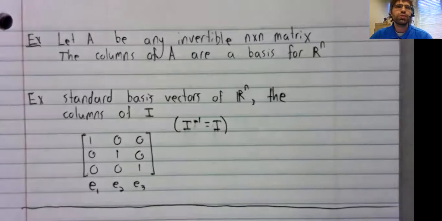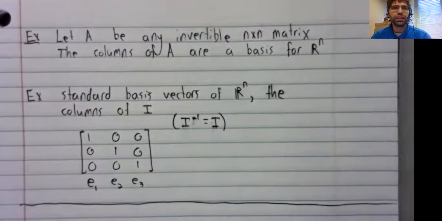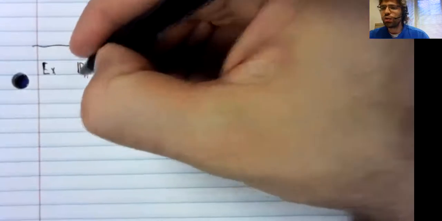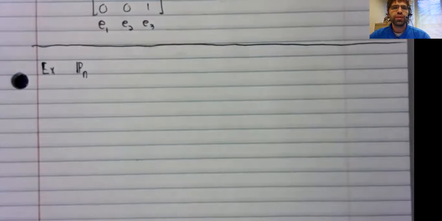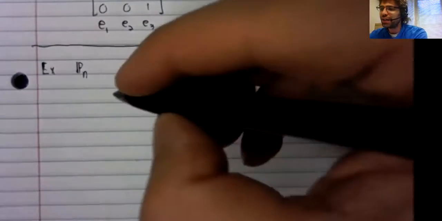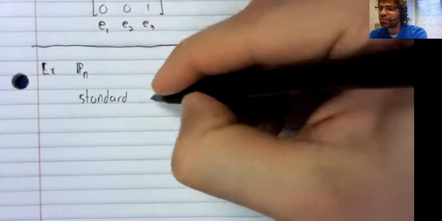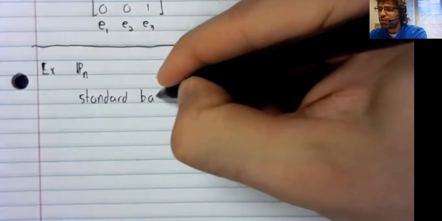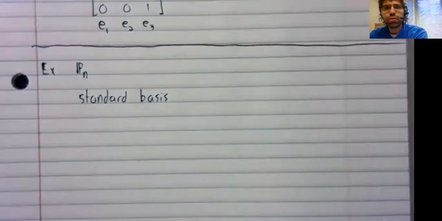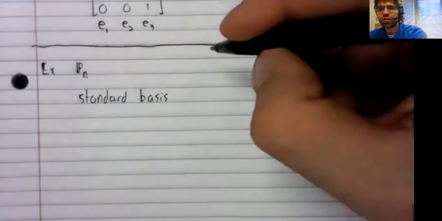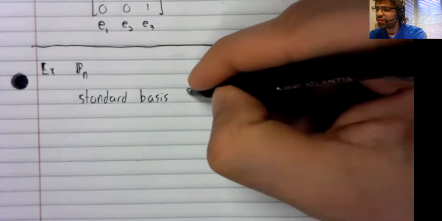A completely unrelated example. Let's look at the polynomial space P sub n. This also has a basis referred to as the standard basis.